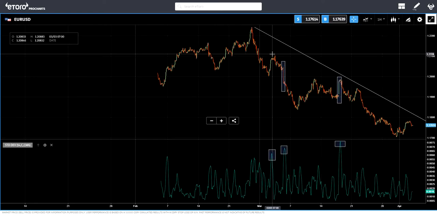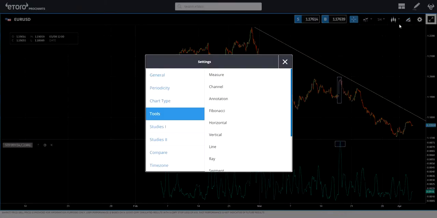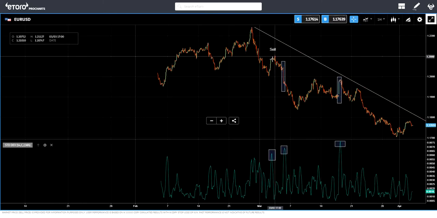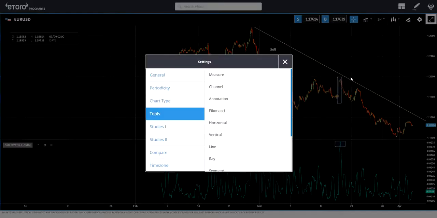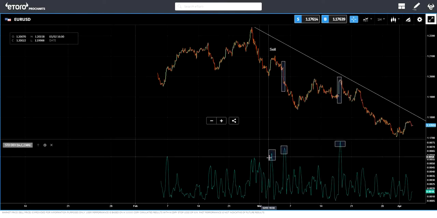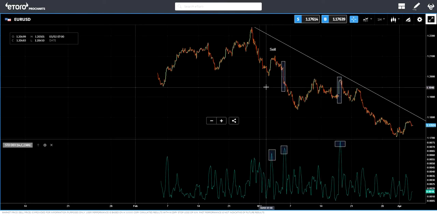So you are just going to sell here. Why do you sell here? Because the market is volatile and the volatility is against the trend.